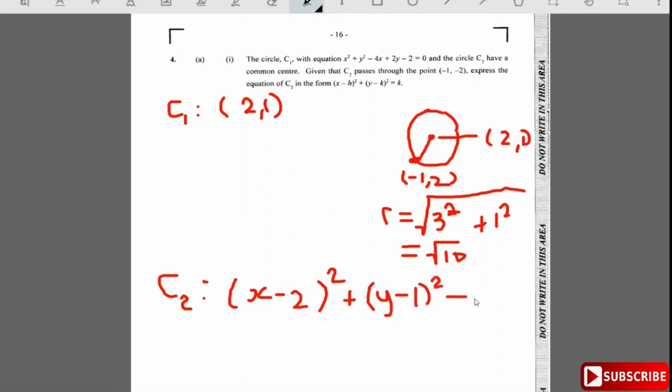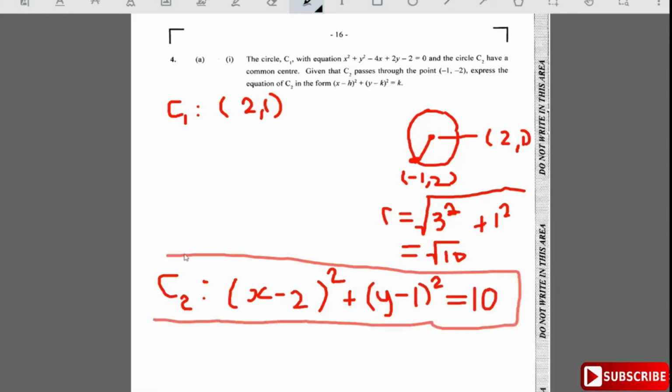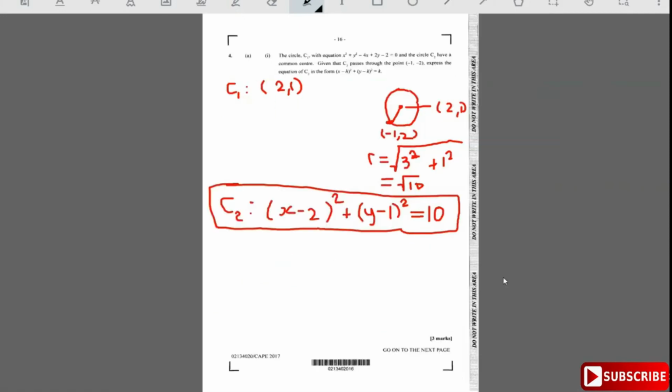It's equal to 10. So this is the answer. Nice and easy. That's the answer for this one. Easy. They're giving away 3 marks.